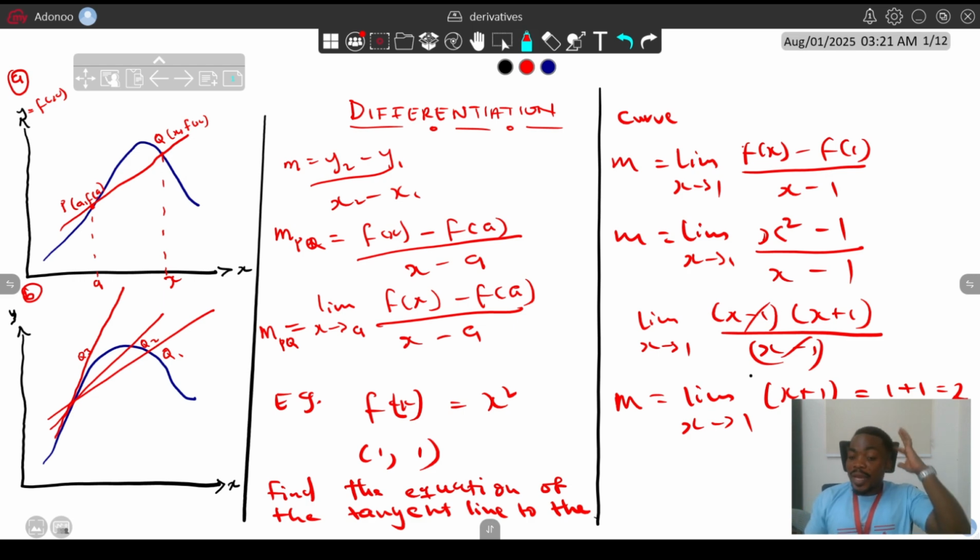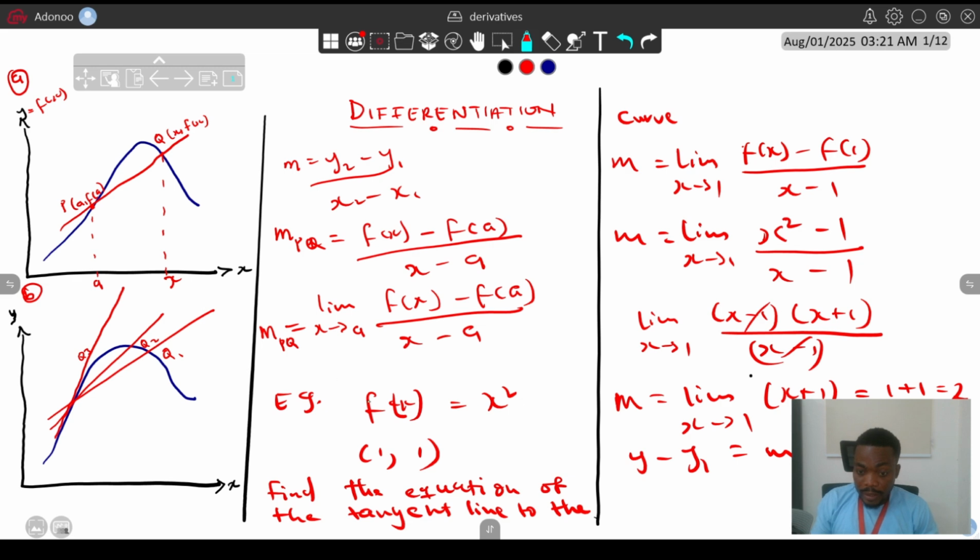So now we have found the gradient of the tangent line. Now, we can use the point-slope form of the equation of a line, which reads y minus y1 is equal to m times (x minus x1). So now we can basically use the point we were given, which is (1, 1), and then our newly found gradient, which is what? 2.